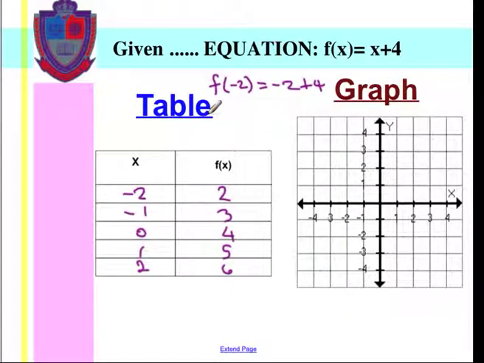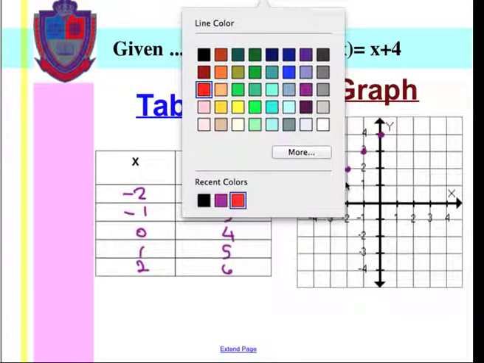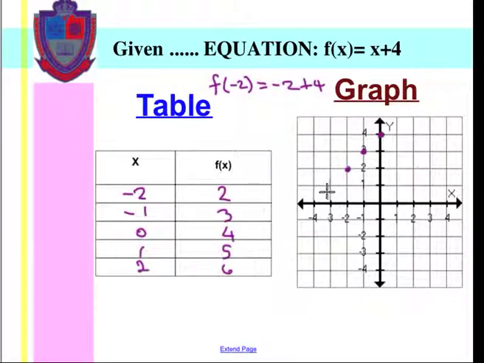What about if I want to represent it in a graph? So in a graph, I will plot some points. So I know when x is -2, f of x is 2. -1 is 3. 0 is 4. So it will have something that looks, let's just get some color here, like this.